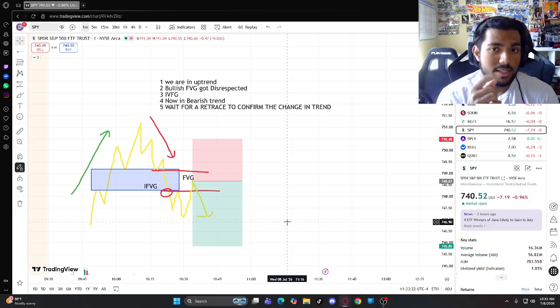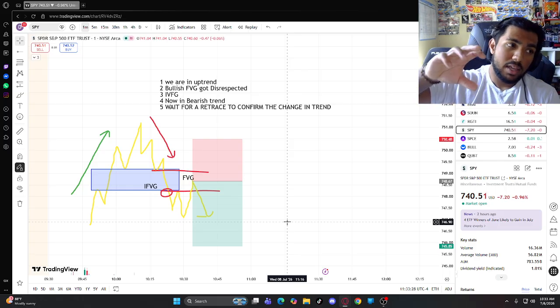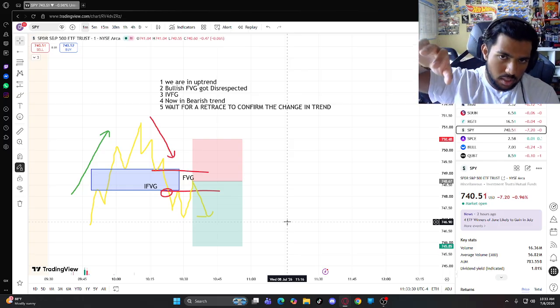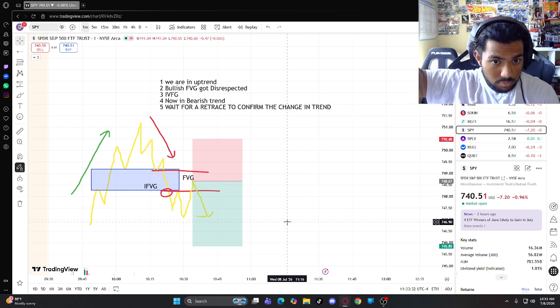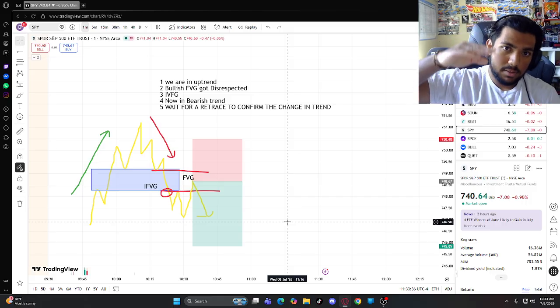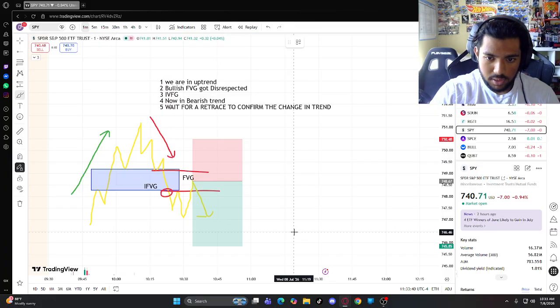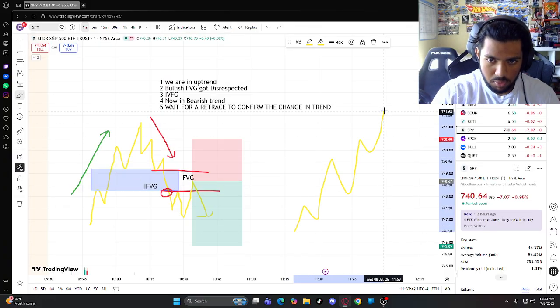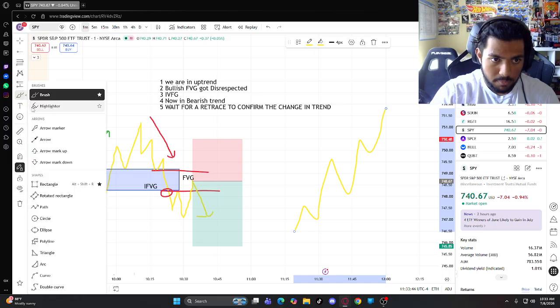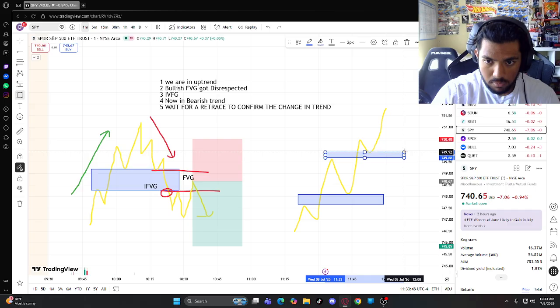Oh, one last thing. Stacked up fair value gaps are only disrespected if the last one got inversed. Let me draw it out real quick so you guys don't get confused. Stacked up fair value gaps right there.